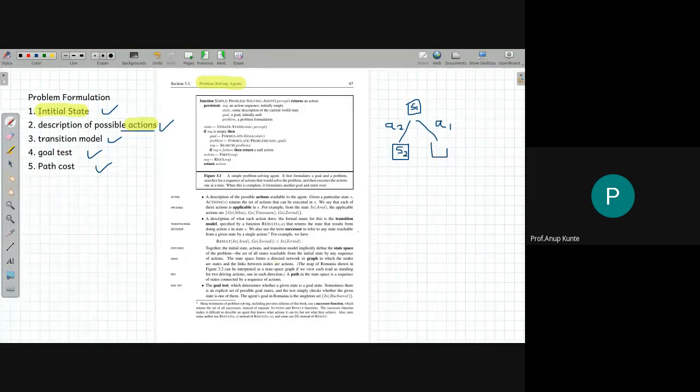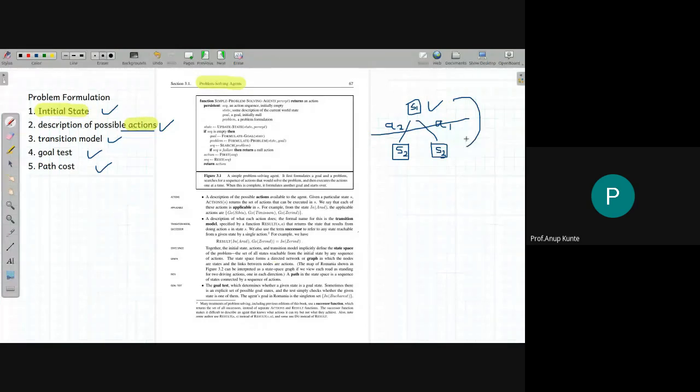Now whatever I am drawing over here is the graphical way of looking at things, but you can consider that the transition model is something of this sort, where once you know the state you are in and the valid actions that are possible, you should be able to understand what the states are in which the world can transit to.